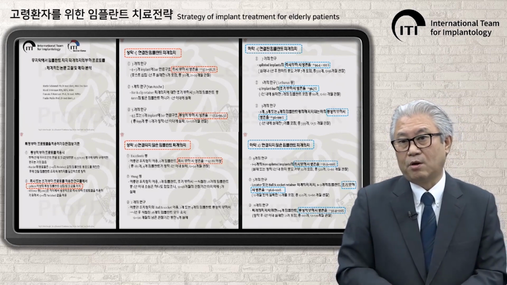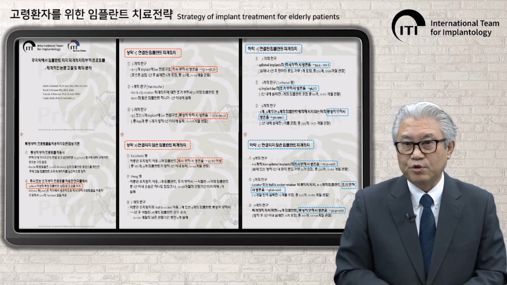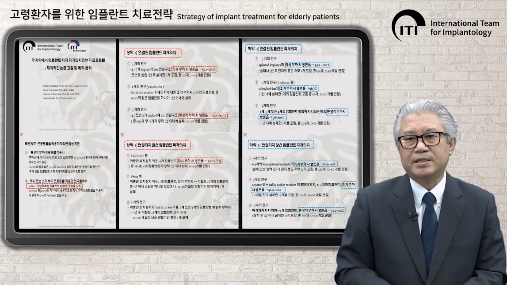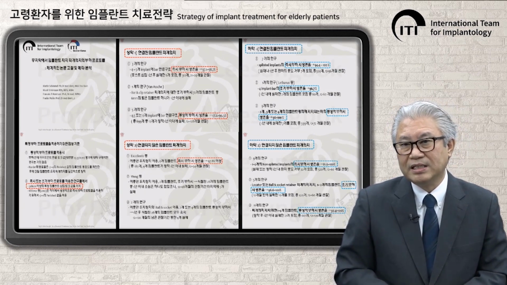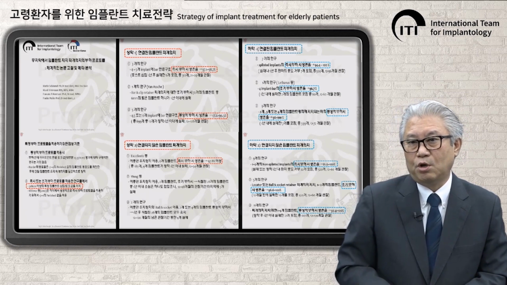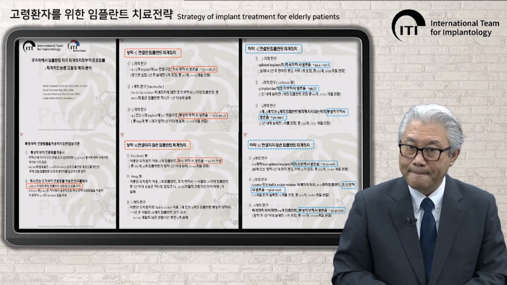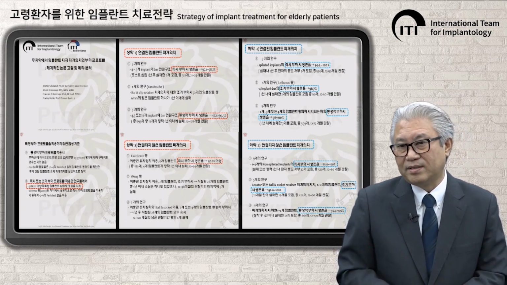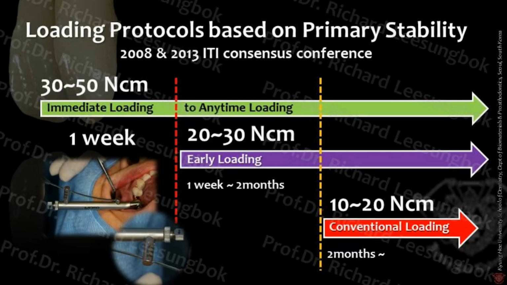And since the result of immediate loading in maxilla showed more than 95% survival rate and 90% in mandible, it suggests that it's very important to measure the insertion torque during implant surgery and recognize the primary stability of implant.